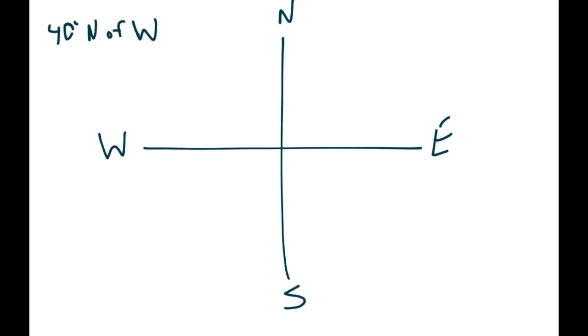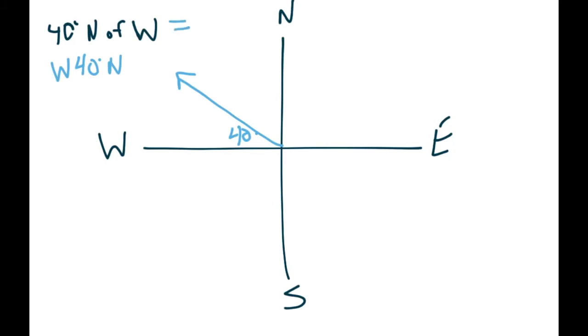In this case it says 40 degrees north of west, so we're going from the west towards the north, north of west. So that 40 degrees north of west would be like that. And if you use the one that we just looked at, we said we're heading west, then going 40 degrees north. Those two things are the same.